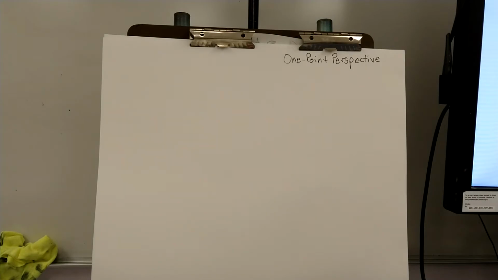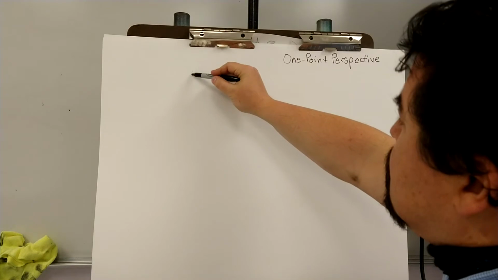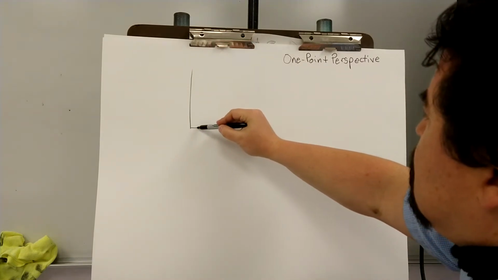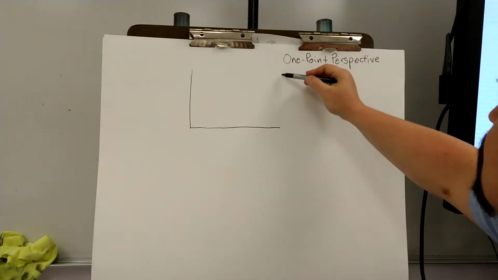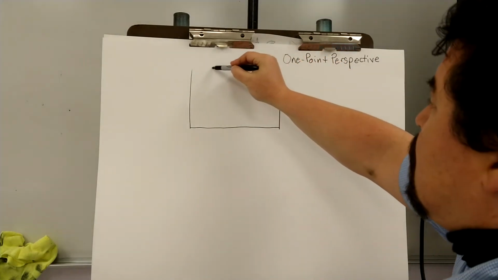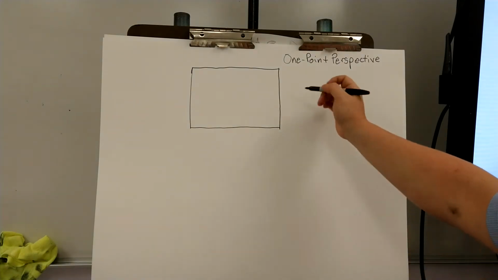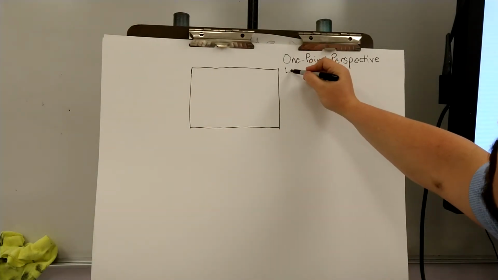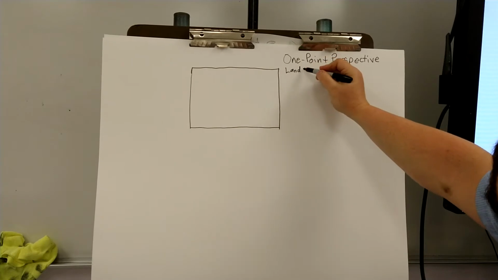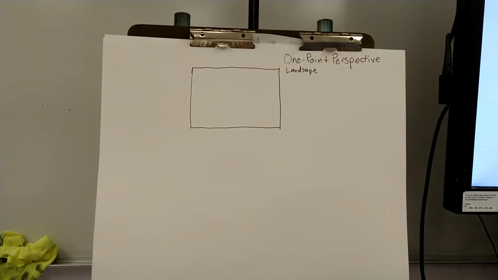Whenever you start a 1-point perspective drawing, we are going to start in the position called landscape, which is the orientation for your paper.